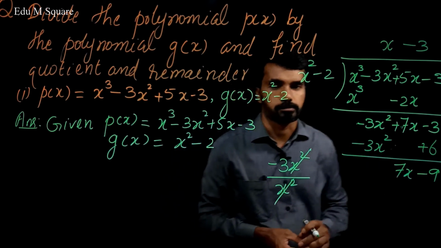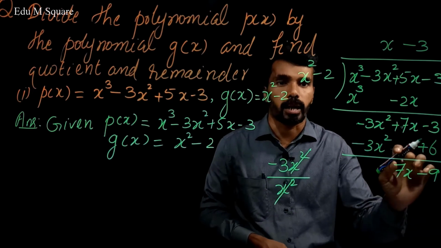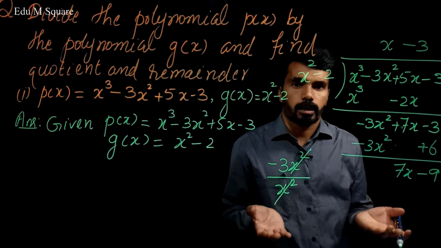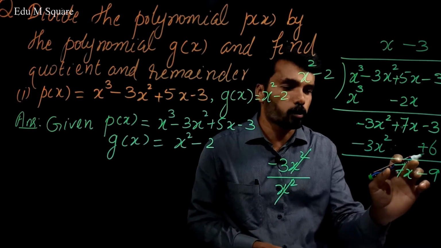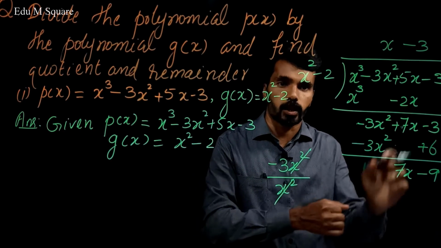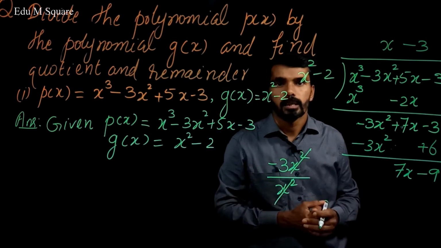Again we check whether the degree of this remainder is less than the degree of the divisor. Is it? Right, it is. Here the degree of the remainder is 1. Here it is 2. So the degree of this remainder is less than the degree of the divisor.